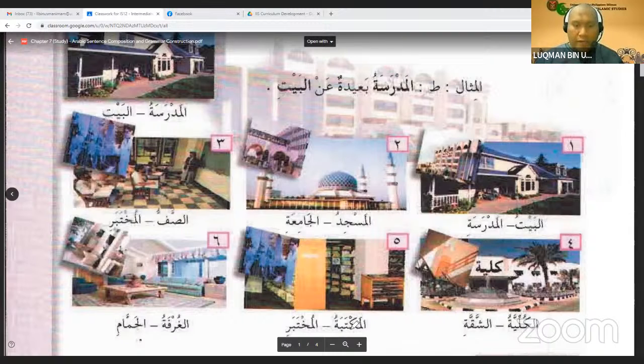Al-maktabatu ba'idatun anil mukhtabari. The library is far from the laboratory. Al-ghurfatu ba'idatun anil hammami. The room is far from the washroom. Okay, I hope that's clear. If you have any question, just ask.